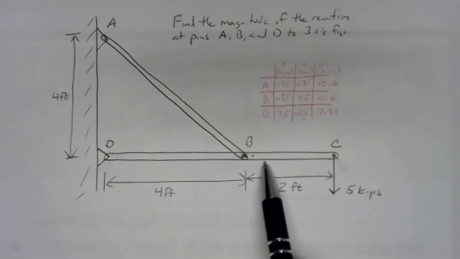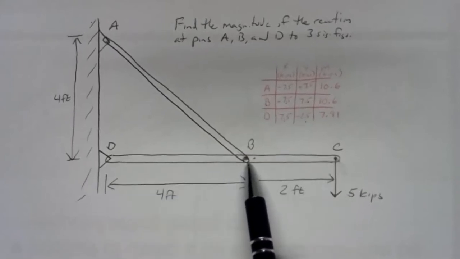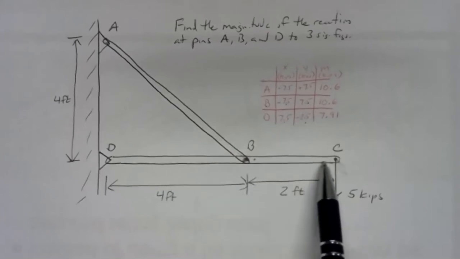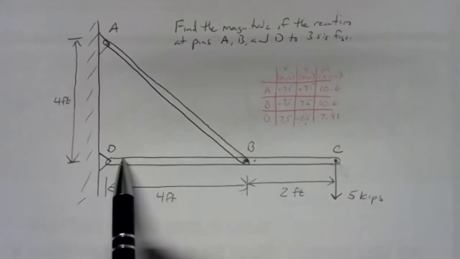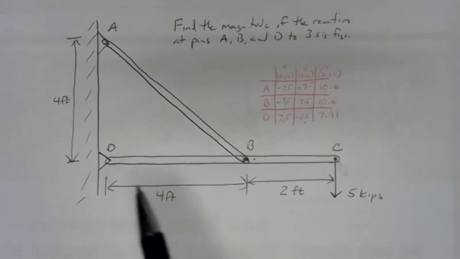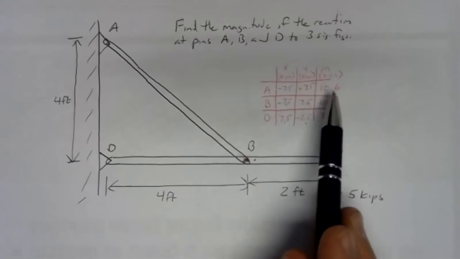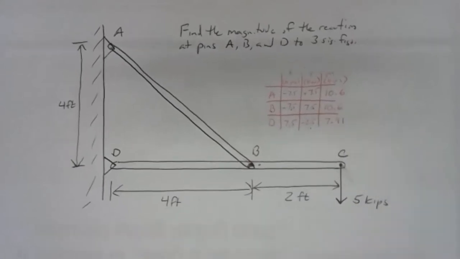And it has to be pushing down with half the force because it's farther away. Think about levers and mechanical advantage. You've got 5 kips at 2 feet. That's the same as 2.5 kips at 4 feet. So the directions make sense there. So those are our magnitudes at A, B, and D. And then we rounded those to 3 sig figs.